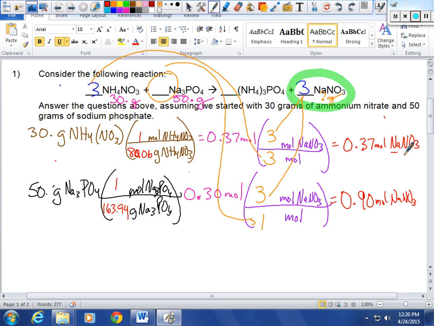People want to take this thing and say that's the LR. Why can that not be the LR by name? Because what is NaNO3? It's a product. How can a product be a reactant? It can't be. But where did this come from? It came from way over here, which tells me what about this thing? This is my limiting reactant.